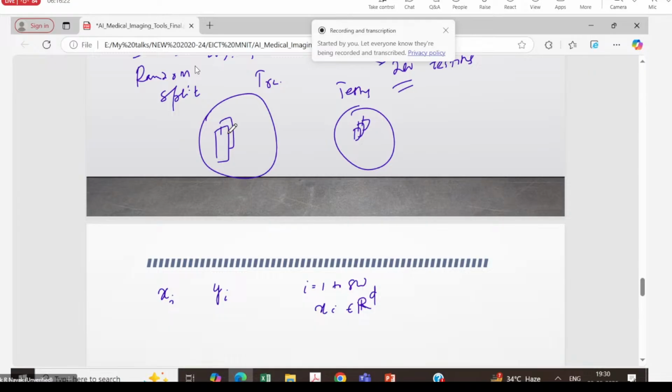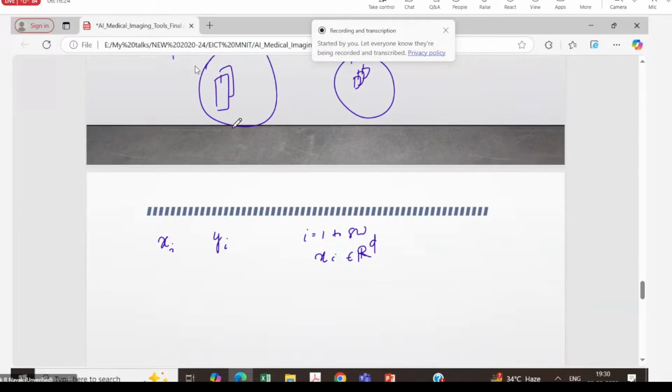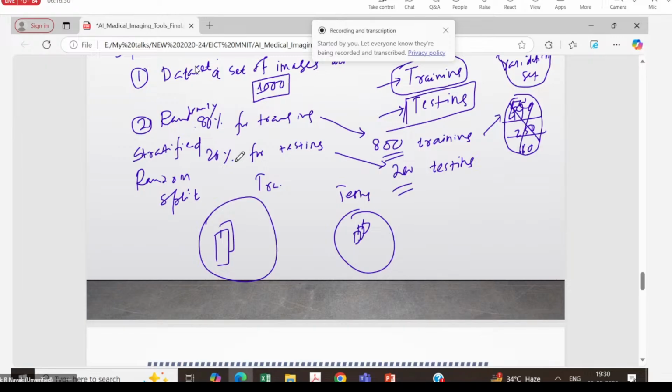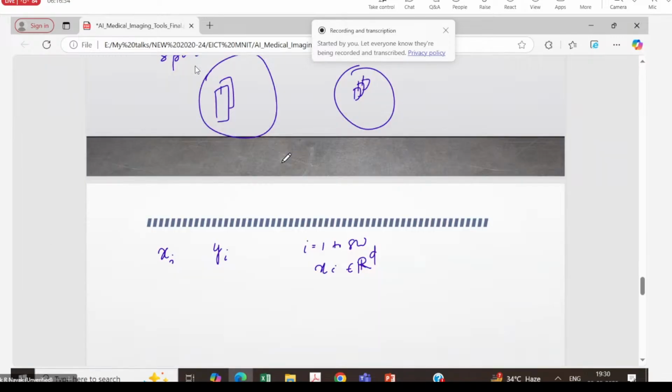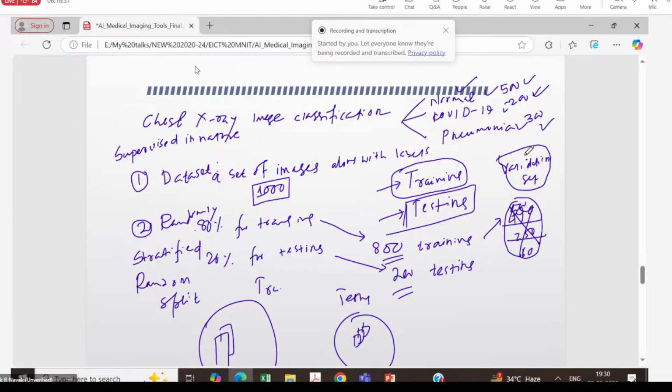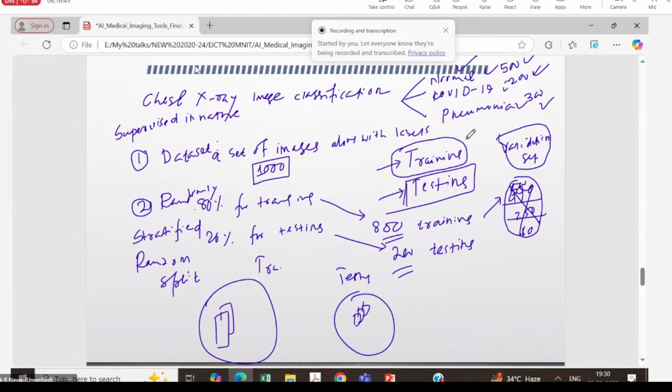So yesterday we discussed whether we can directly process the image through the machine learning classifiers. Yes, we know it is possible. Let's say I'm dealing with an image. Let's say all the images of this dataset are of the same size. For simplicity, I'm taking the same size. If they are of different sizes, you have to resize all the images to the same size, or the same resolution.